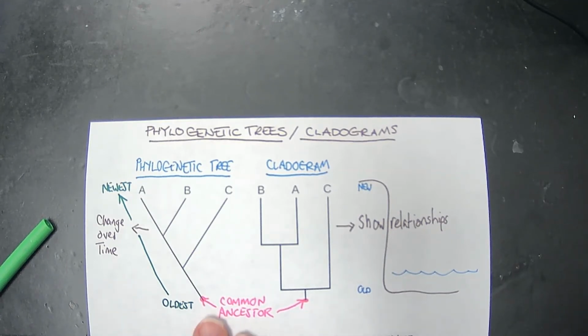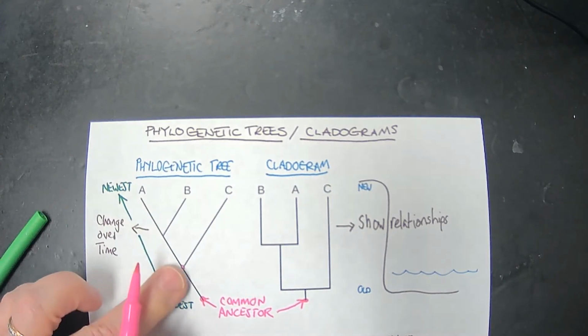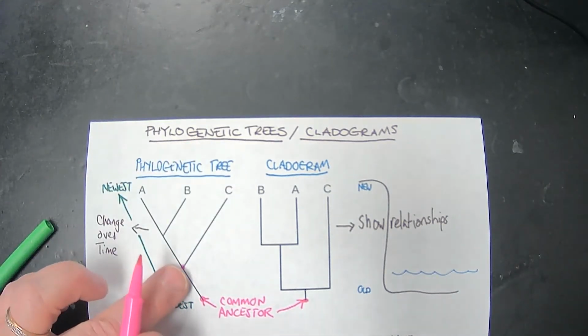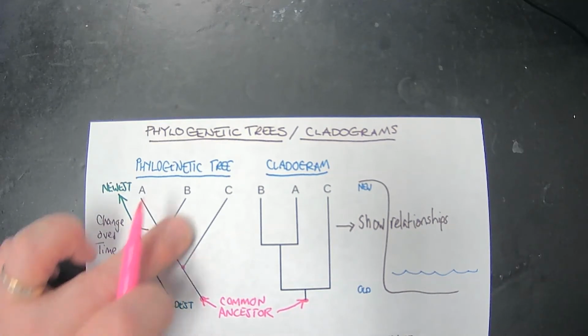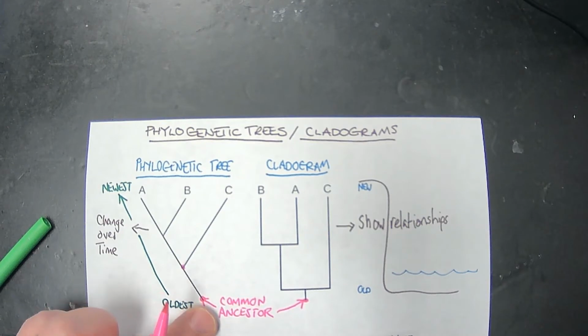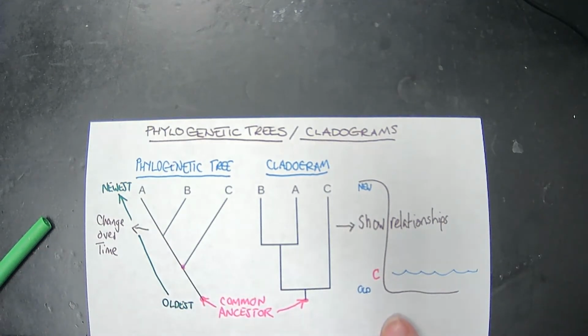So what this says is we start with our common ancestor and along we go, and then changes happen to the common ancestor, and the first thing to branch off is C. That would mean C, of all of these things here, is more closely related to the common ancestor. You might find C way down here in fossils at the bottom of the cliff.